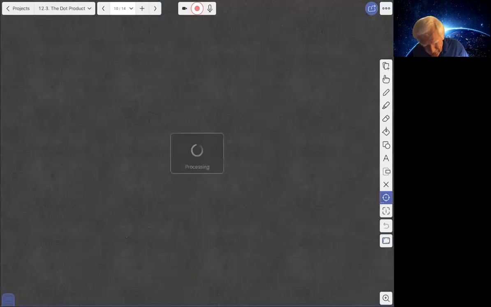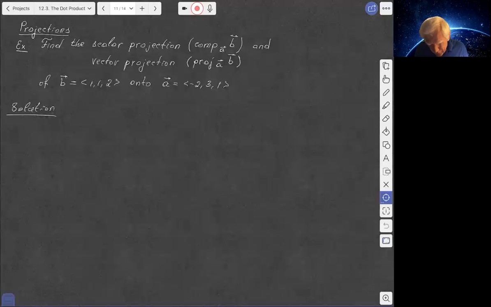Let's consider an example. Find the scalar projection and the vector projection of the vector B, which is 1, 1, 2, onto A, which is negative 2, 3, 1. We will start with the component, the scalar projection, to see how it works.